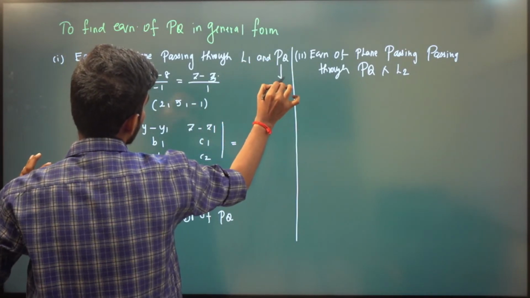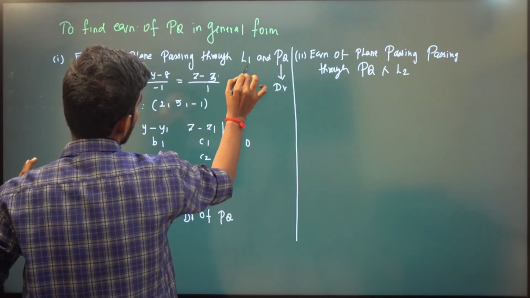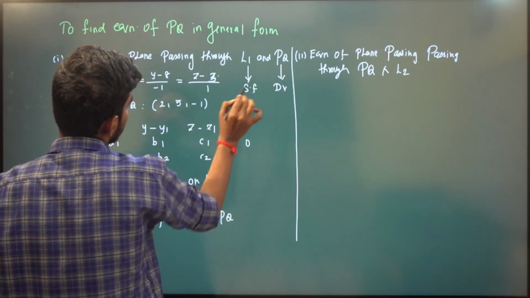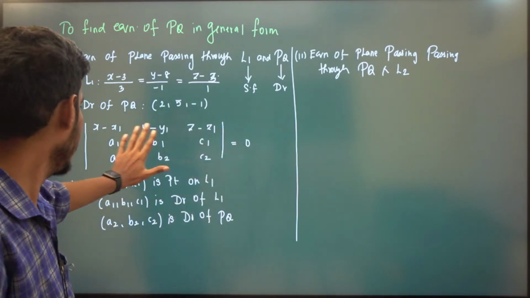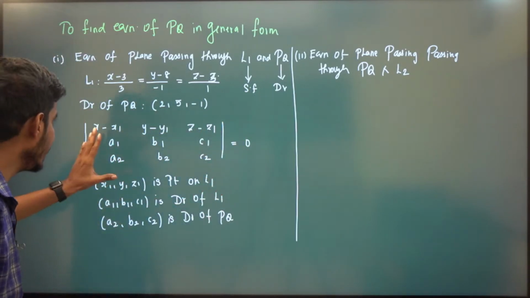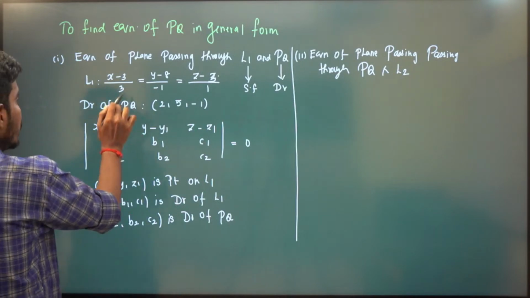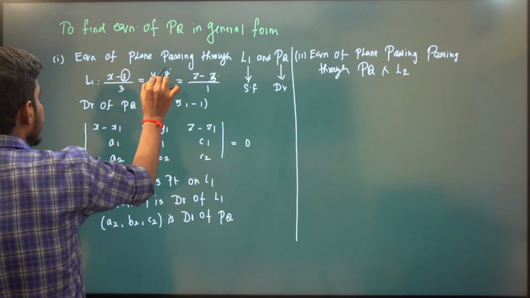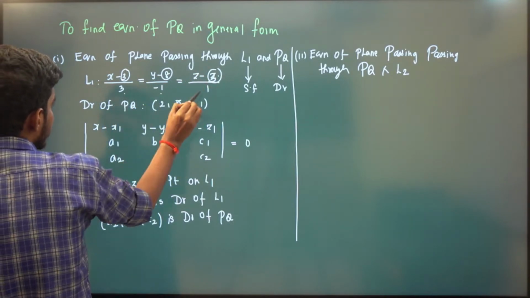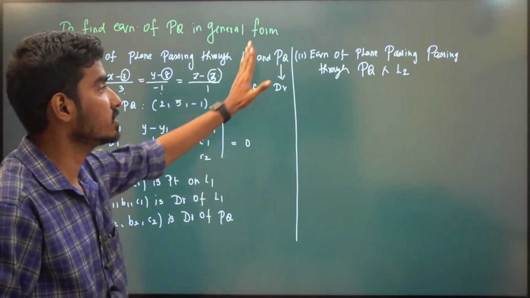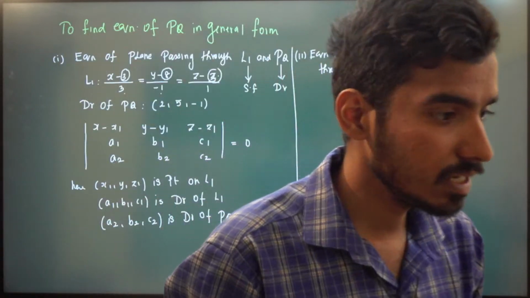So for PQ, you know only the direction ratio, and you know L1 in symmetrical form. How to find the equation of plane? We already know this equation of plane, but here x1, y1, z1 is this point, A1, B1, C1 is the direction ratio, and A2, B2, C2 is the direction ratio of PQ. Is it clear?